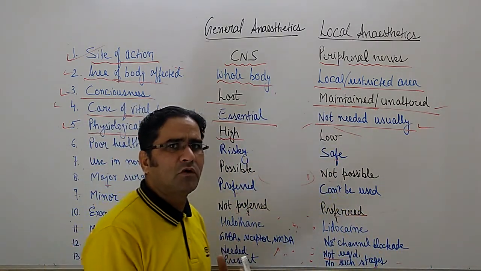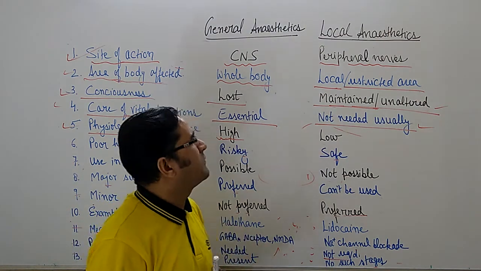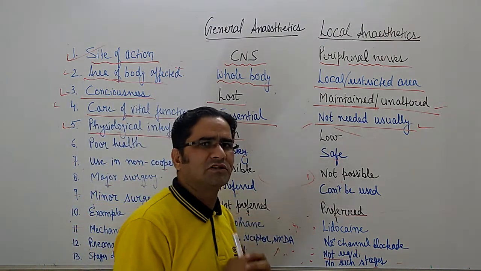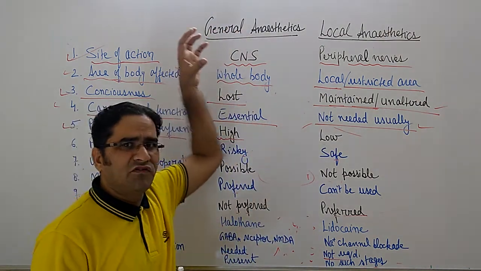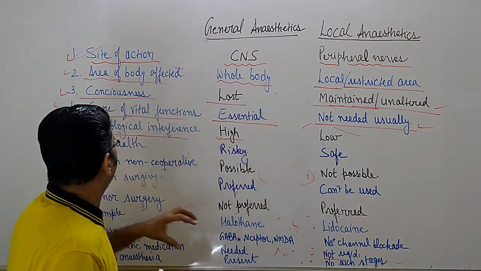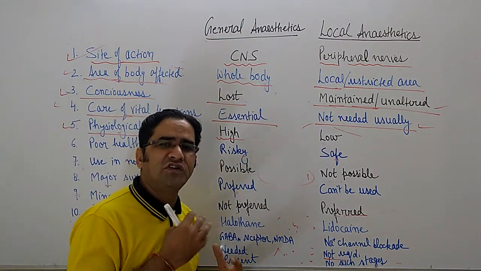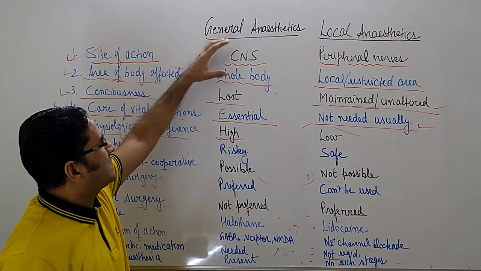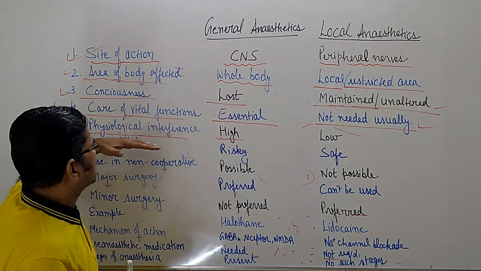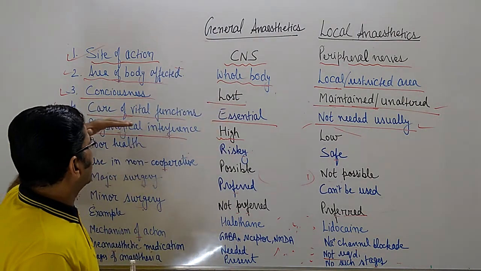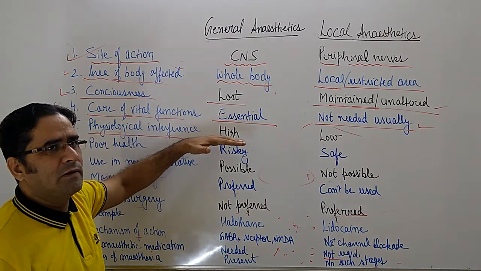Therefore, even if we are talking about the normal dose only, these affect these different centers and can alter the physiology also. We can say that general anesthetics trespass on the physiological functioning or interfere with the physiology of the body.